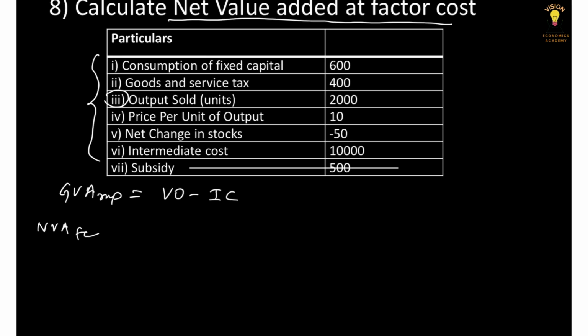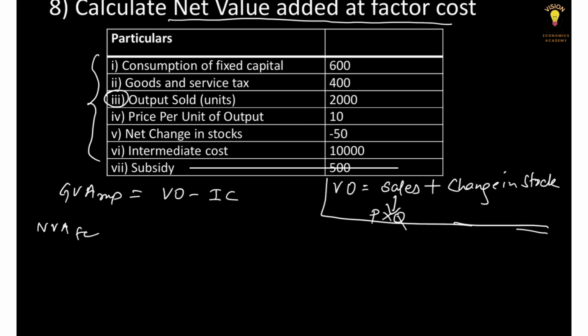Here, output sold is there. Remember, I had already mentioned while explaining the value added method that when value of output is not given directly, then there is sales plus change in stock. And if the sales is also not given, it is price into quantity.